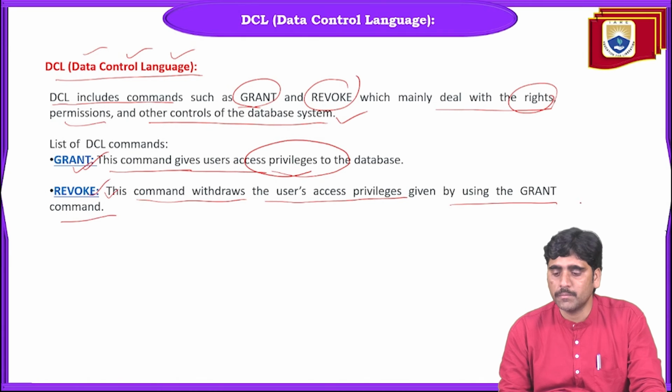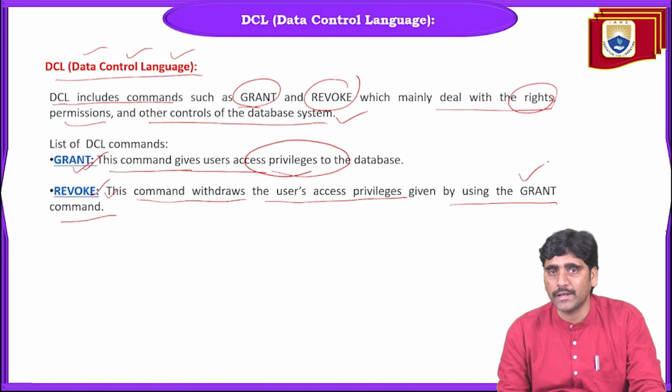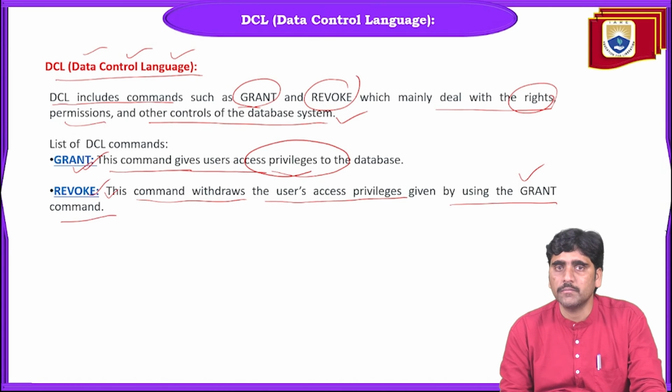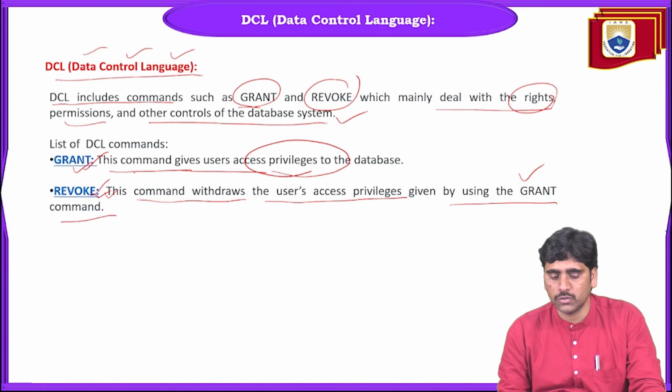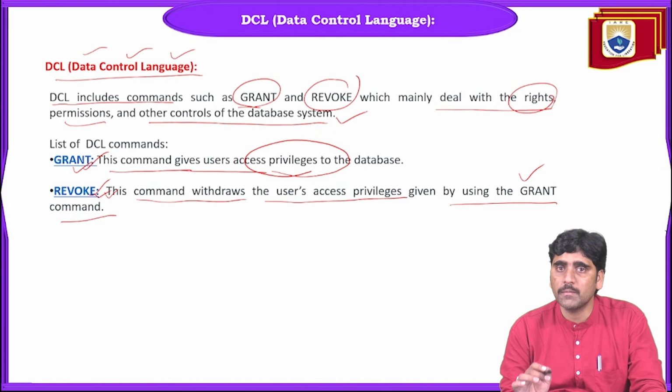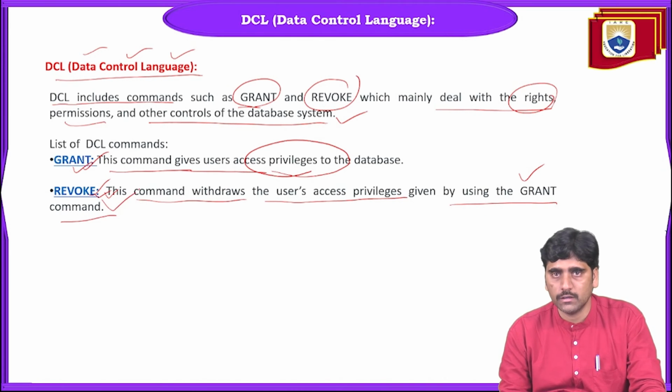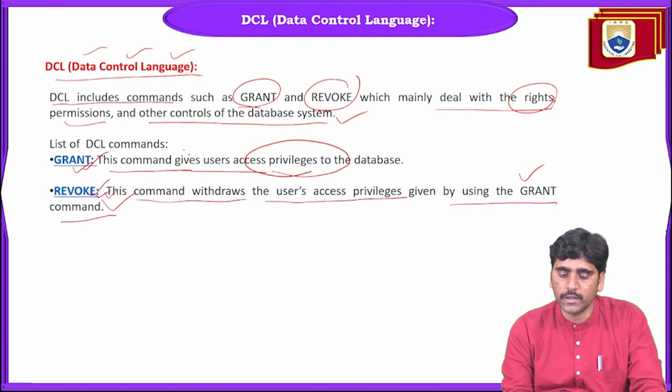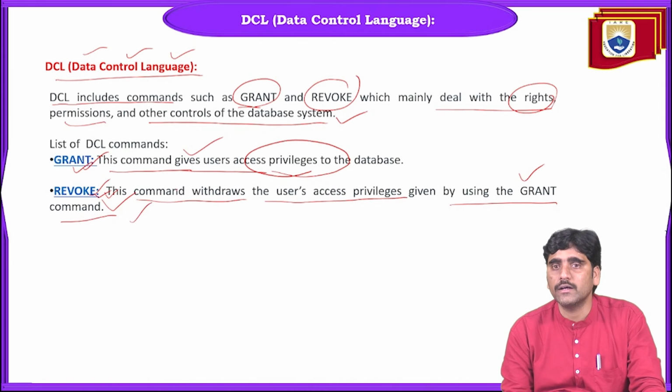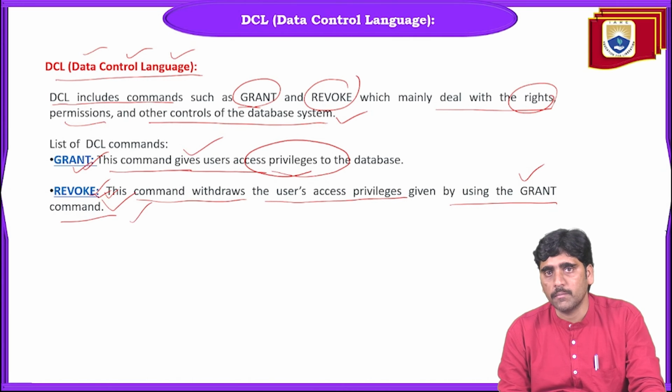Whatever permissions you applied by the grant command, you can revoke them with the help of the revoke command. Only after performing the grant command can you apply the revoke command. Without applying grant, you cannot roll back your privileges.